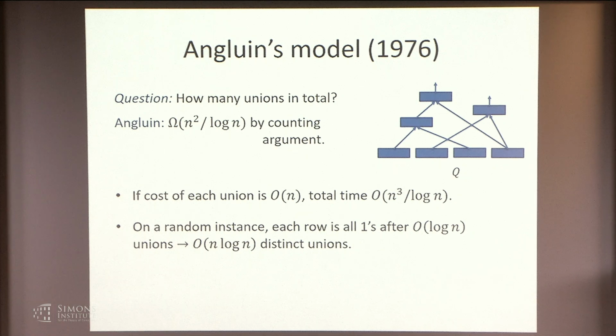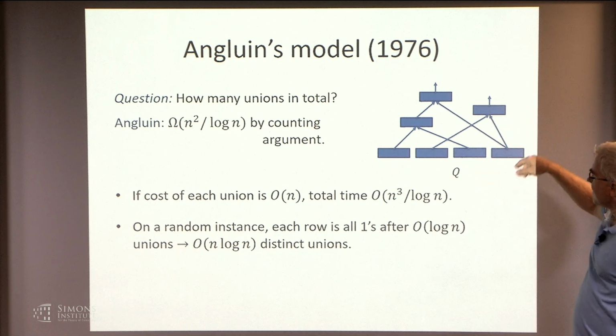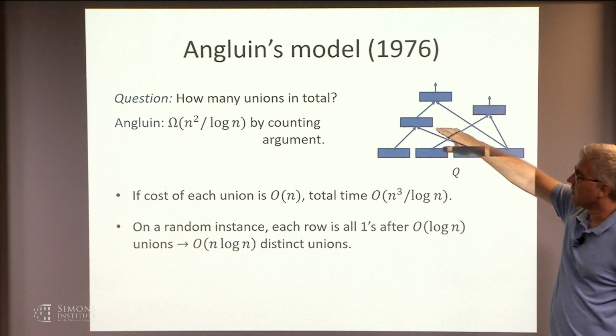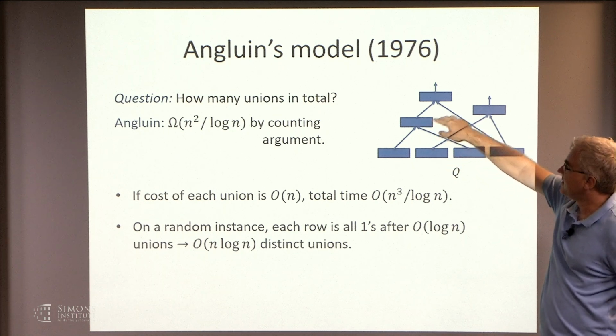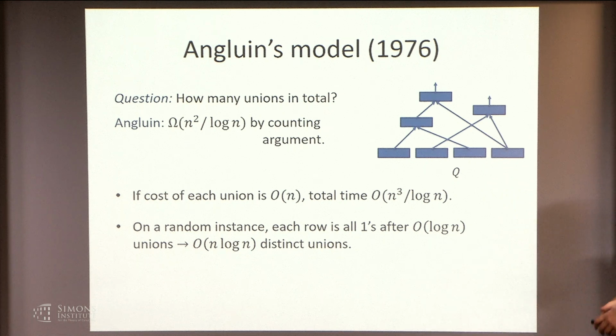But if you take a random P and Q, then if you look at this circuit, once you take a few unions you will get all-ones vectors. Because when you do Boolean matrix multiplication, once you take the union of about log n rows, if the matrix Q is random, then you basically have a vector of all ones.